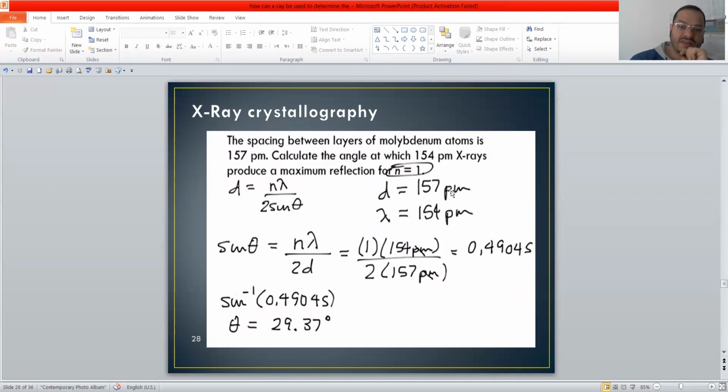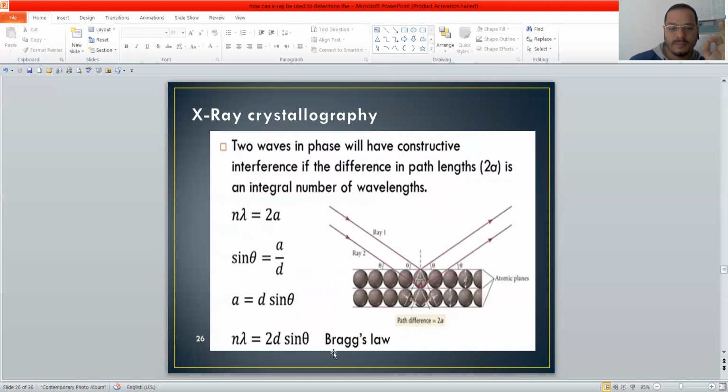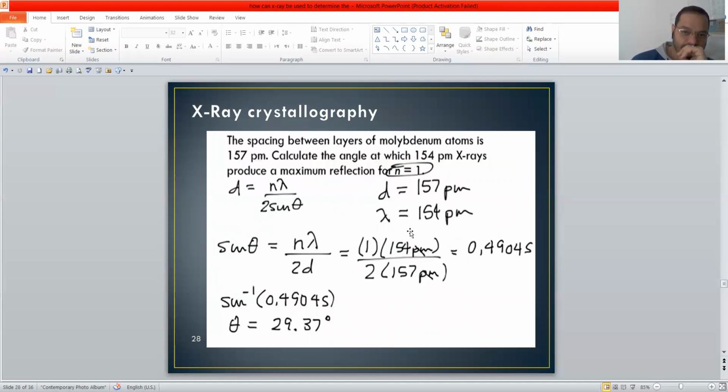Here is a simple example. Let's use Bragg's law by dealing with a simple example, the spacing between layers.